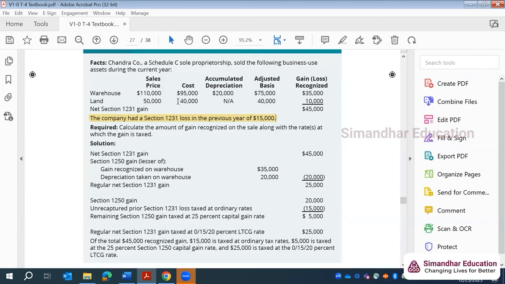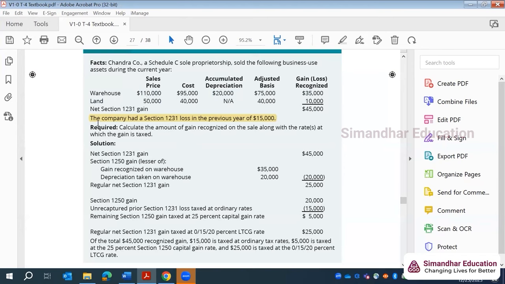Now in the same example, if I change the warehouse sale price to $85,000, then what is your Section 1250 gain?